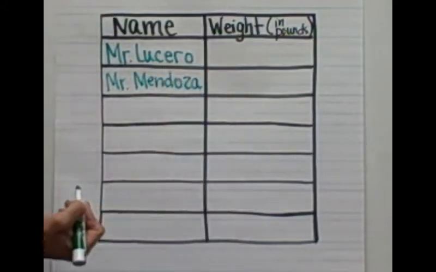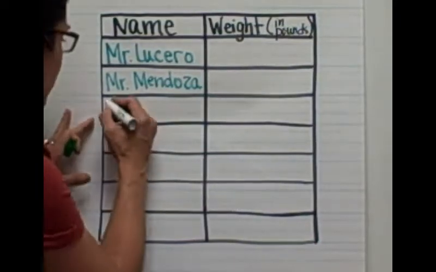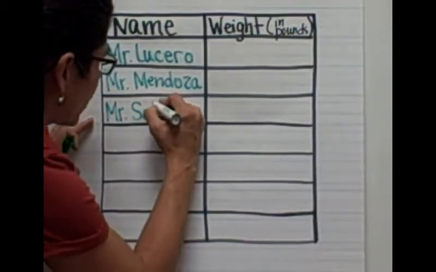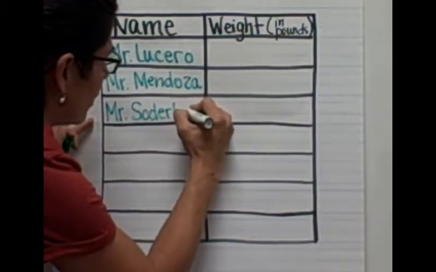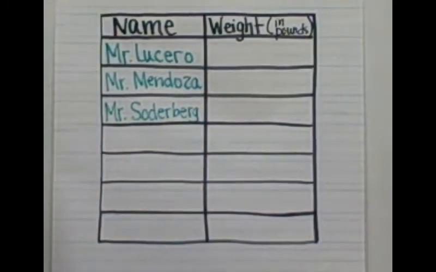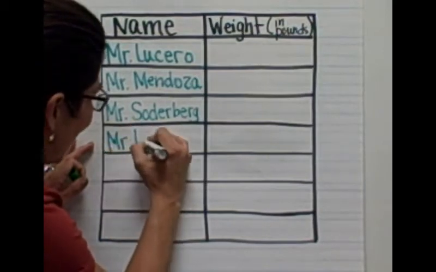Make sure you are filling this in as I fill it in. Your third row is going to be titled Mr. Soderberg. Your fourth row is Mr. Lavario.